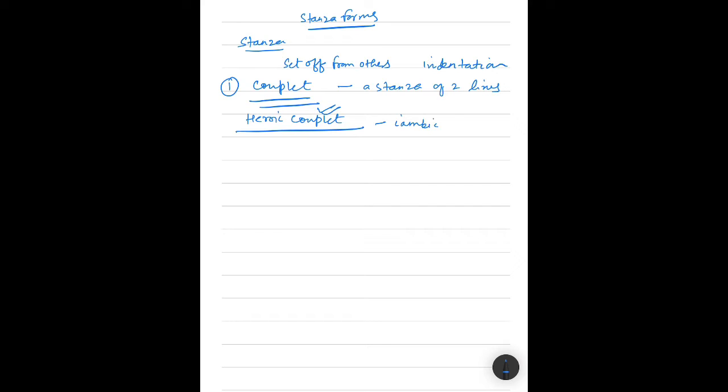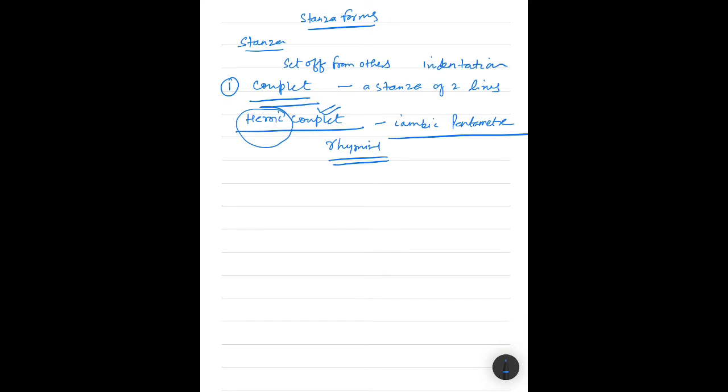Two iambic pentameter lines which are rhyming with each other. So heroic couplet is a stanza of two iambic pentameter lines that rhyme together.